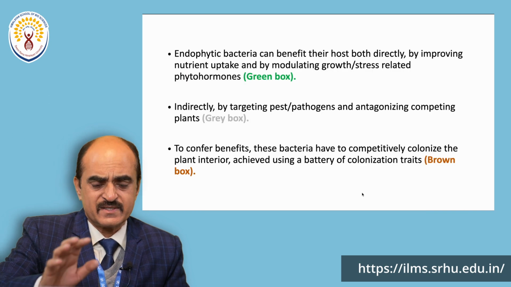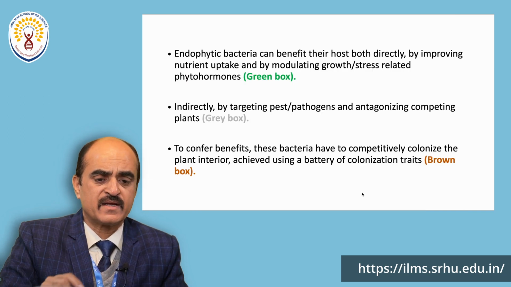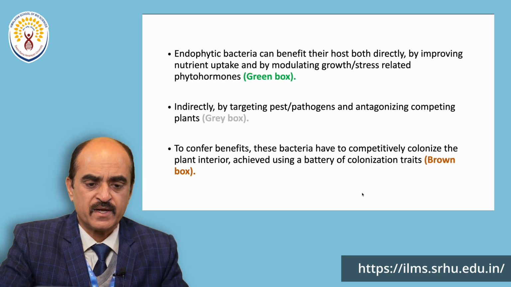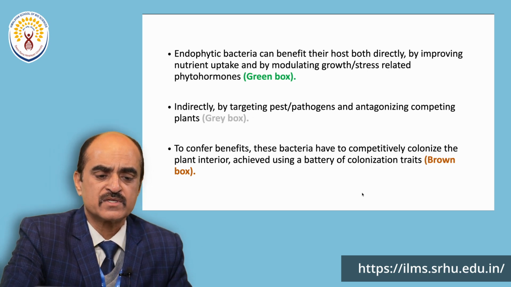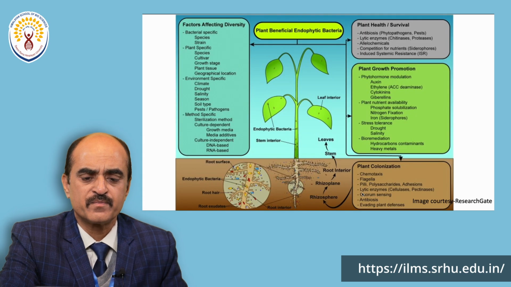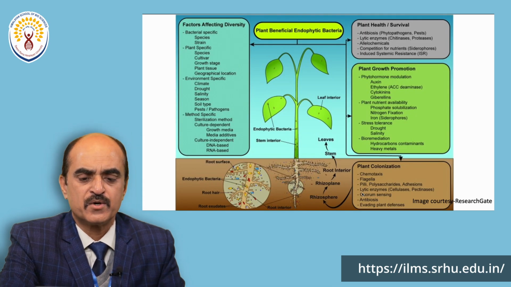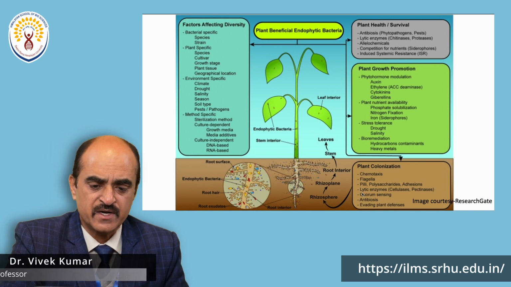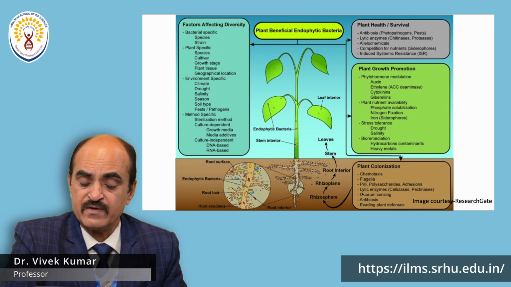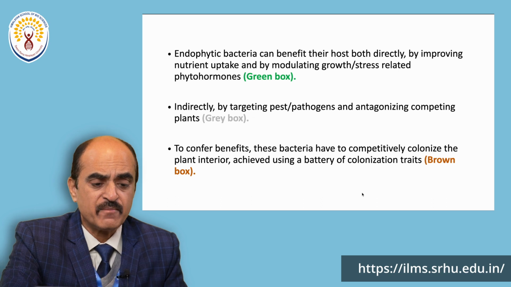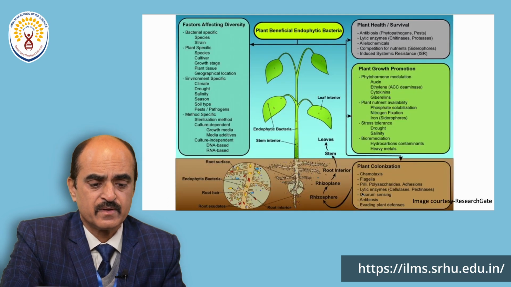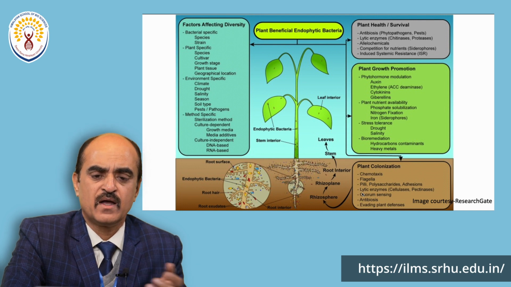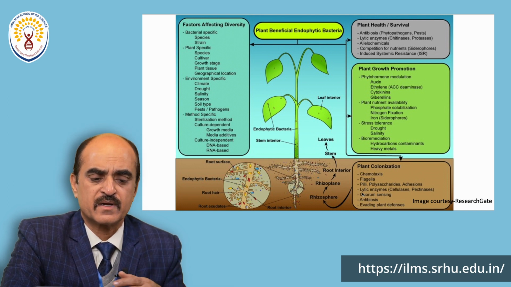Now, if we discuss this picture in detail, endophytic bacteria can benefit their host directly by improving nutrient uptake and modulating the growth stage related phytohormones. That is the green box: phytohormone production, providing plant nutrients, phosphate, nitrogen, etc. They manage stress, drought, salinity, and they also bioremediate heavy metals. And the grey box is the indirect method: antibiosis using lytic enzymes, allelochemicals, and induced systemic resistance.